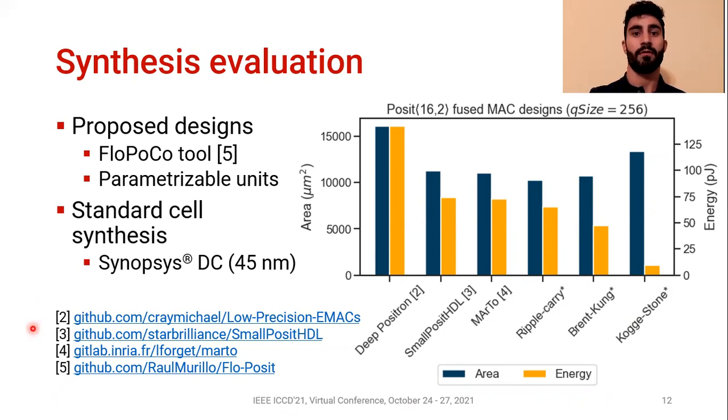For that, we perform cell synthesis using Synopsys Design Compiler. As can be seen in this plot, for this case, the MAC unit that uses the ripple carry adder design requires less area and energy than previous implementations. In addition, the energy consumption can be further reduced by replacing the design of the quire adder with the Brent-Kung or the Kogge-Stone designs.